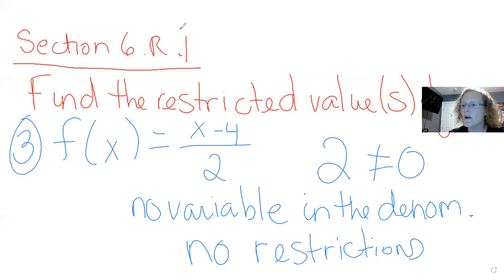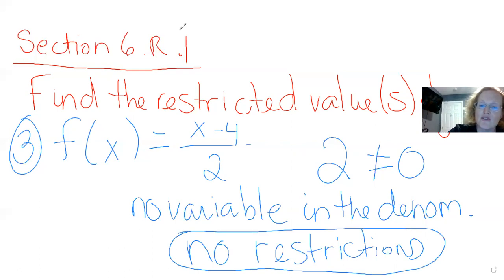Pretty much x can be whatever it wants to be. And the reason is because every single time, no matter what I plug in for x, I'm going to be dividing by 2. I'm never going to be dividing by 0 because that 2 in the bottom is just a number. It doesn't change.